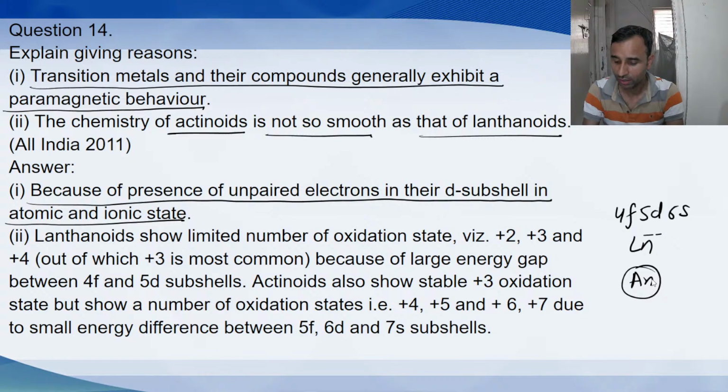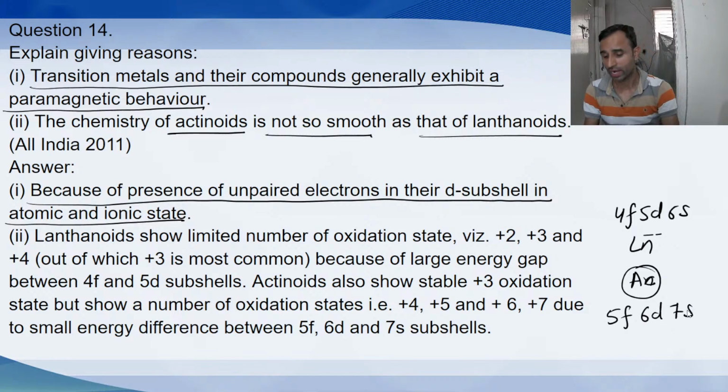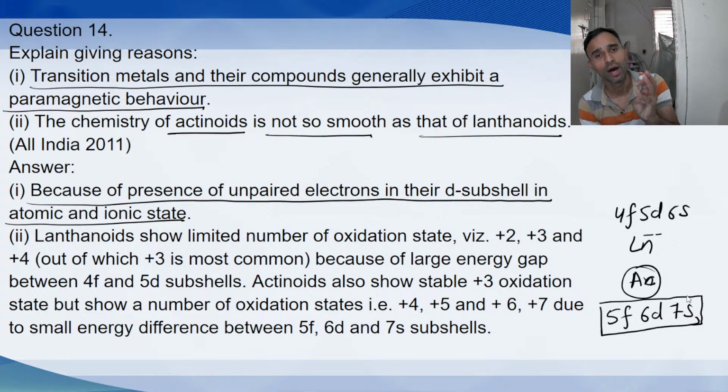In actinoids, there is a filling of 5F, 6D and 7S. The energy difference between 5F, 6D and 7S is very small. Their energies are very close to each other, and that's why in actinoids all of them, that is 5F, 6D and 7S, participate in bond formation, and they can show a wide variety of oxidation states ranging from +3 to +7.